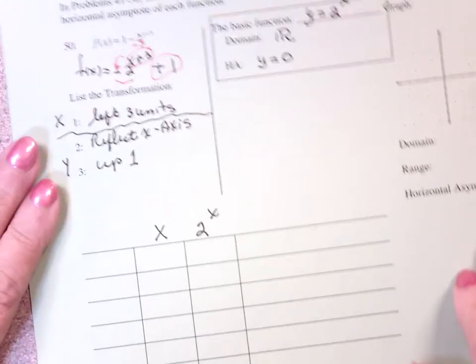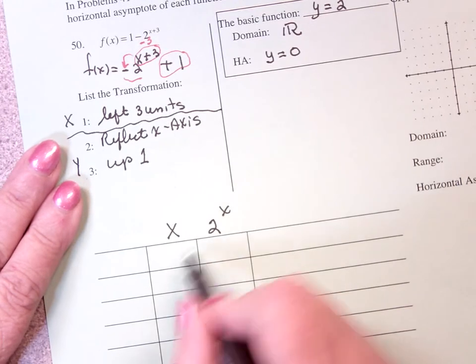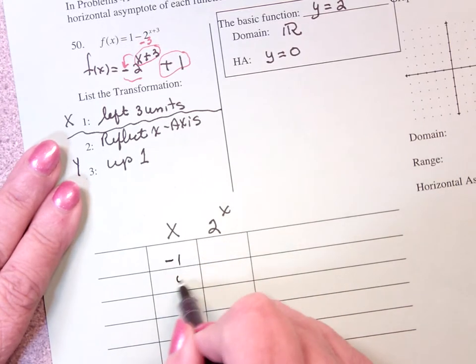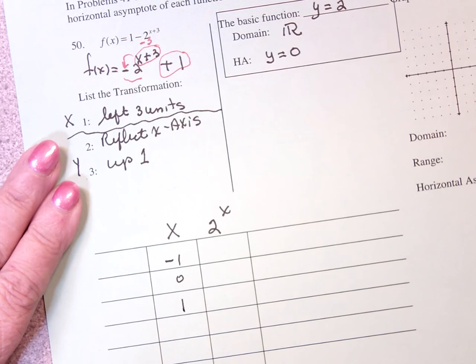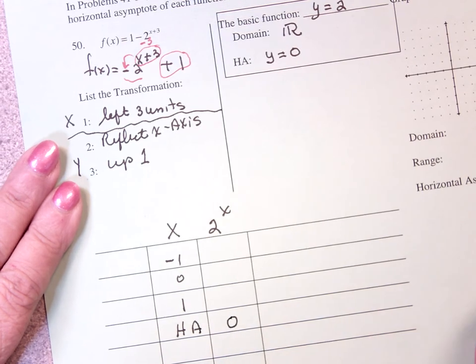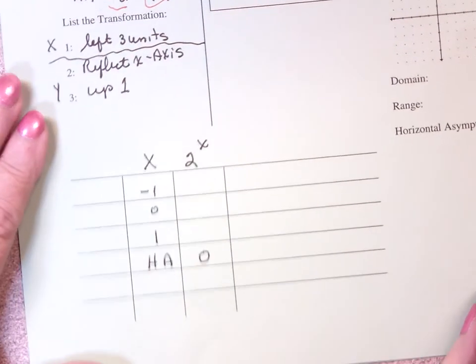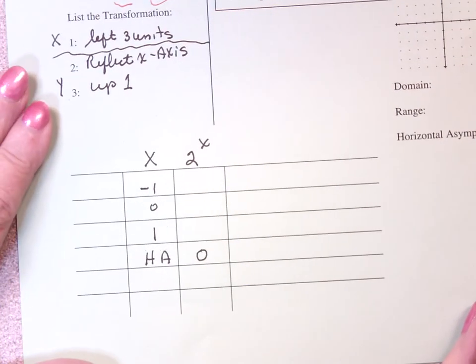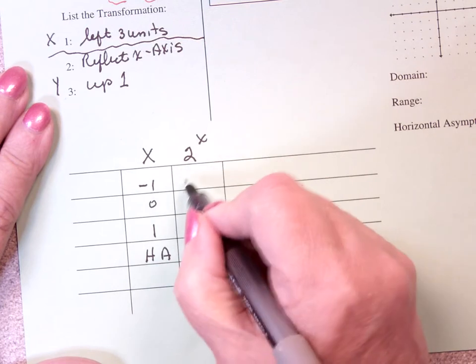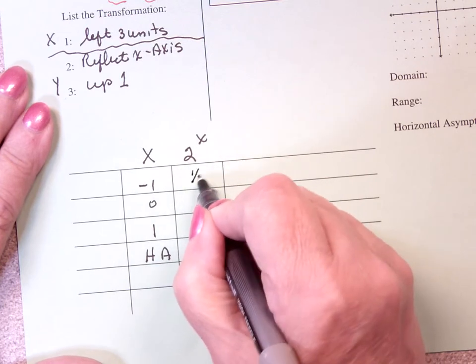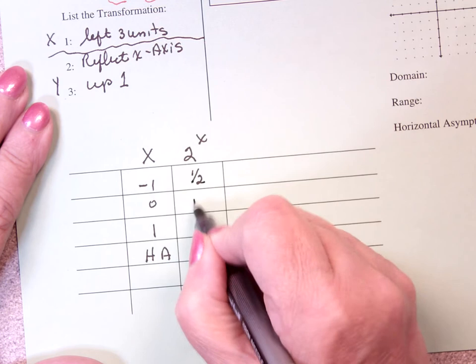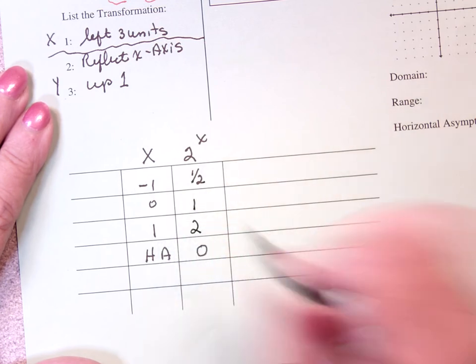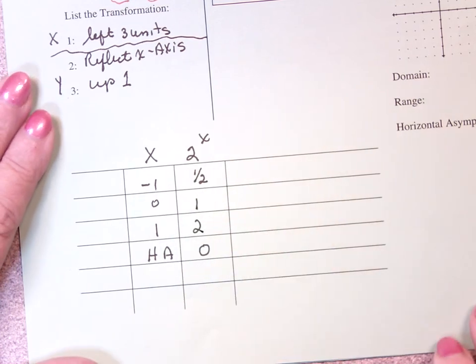With that being the case, I need negative 1, 0, and 1 on my x's. There's one other thing I need. I need the HA, and it's 0, because the HA will shift. This would be 2 to the negative 1, which is 1/2, 2 to the 0, which is 1, 2 to the 1, which is 2.